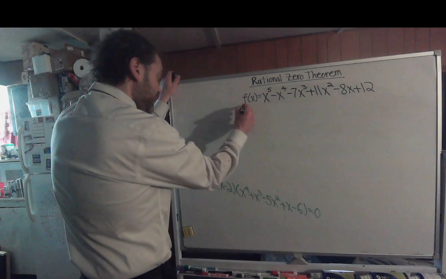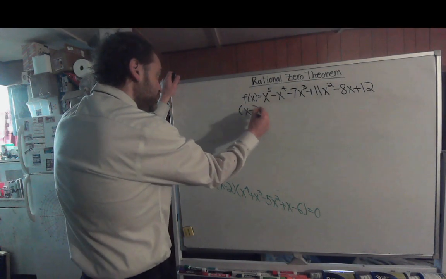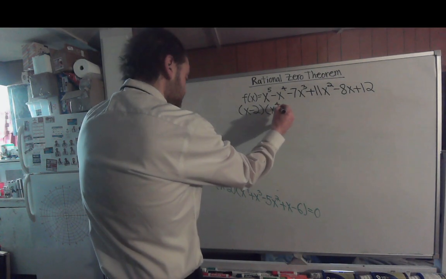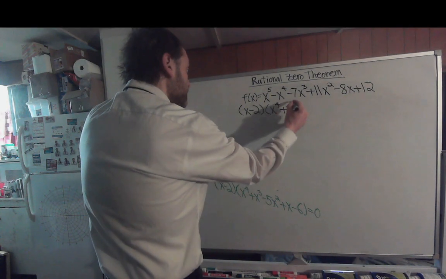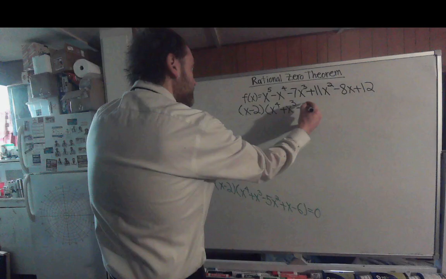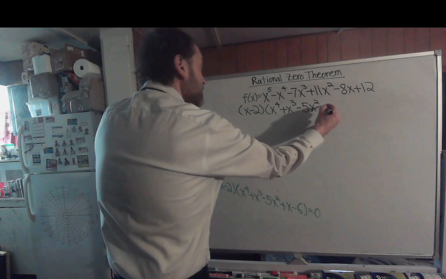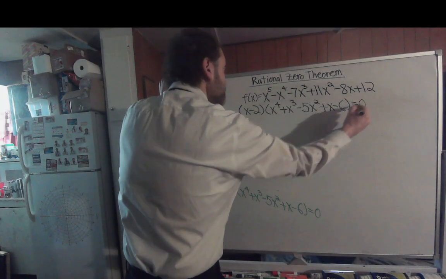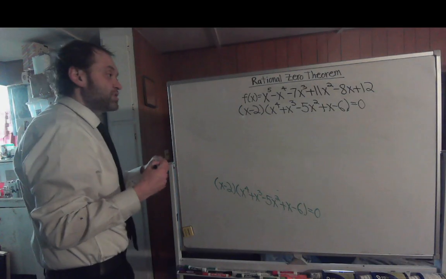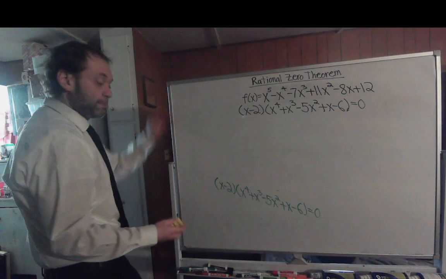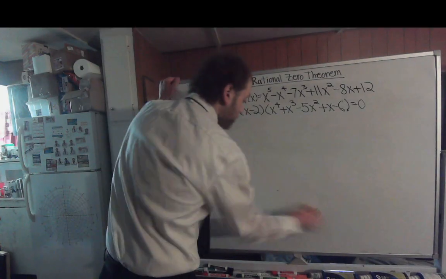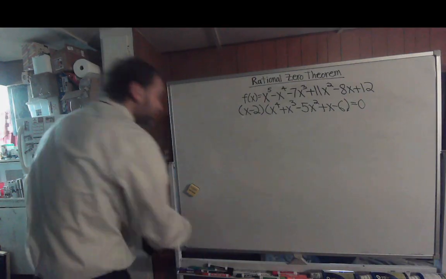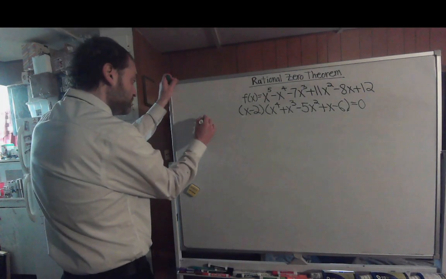Alright, so now we have x minus 2, that quantity, times the quantity of x to the 4th plus x to the 3rd minus 5x squared plus x minus 6 is equal to 0. So there's your factorization to this point. Now we're going to repeat the rational zeros test for the fourth degree factor. So take your P over Q.